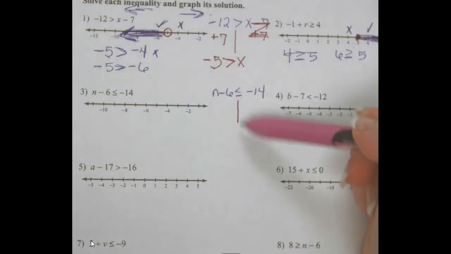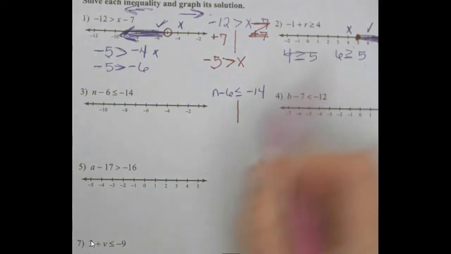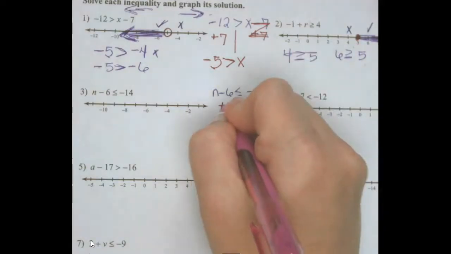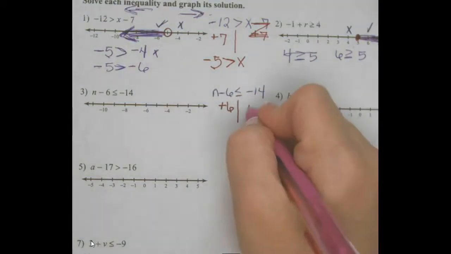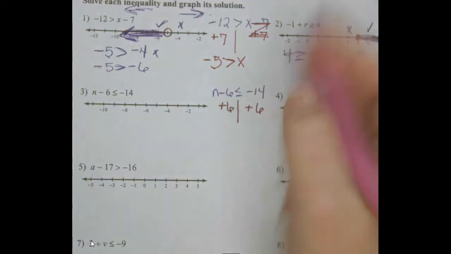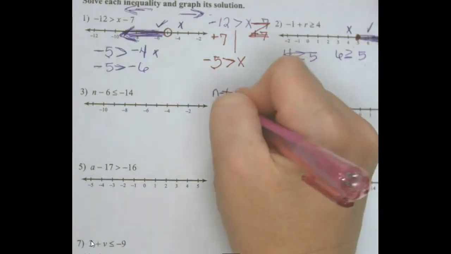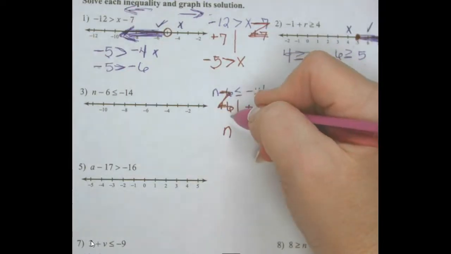I drew my river because what I do to one side, I have to do to the other. I have a negative 6 here, so I'm going to add a 6. If I add 6 to one side, I have to add 6 to the other side. This is my 0 pair. Negative 6 and a positive 6 is 0.